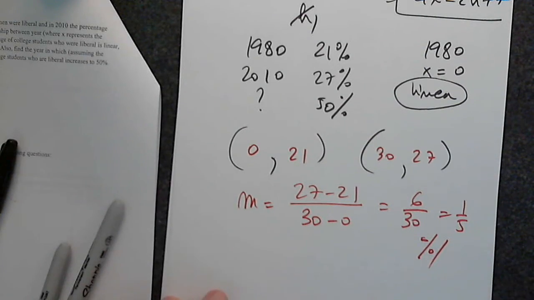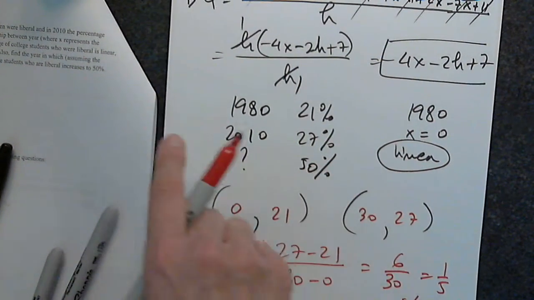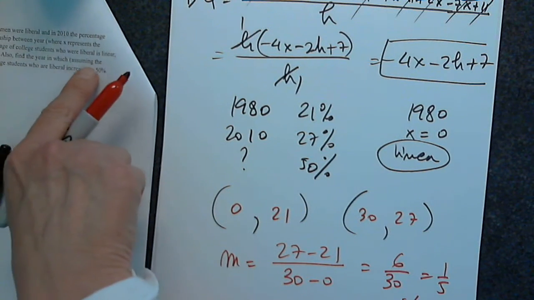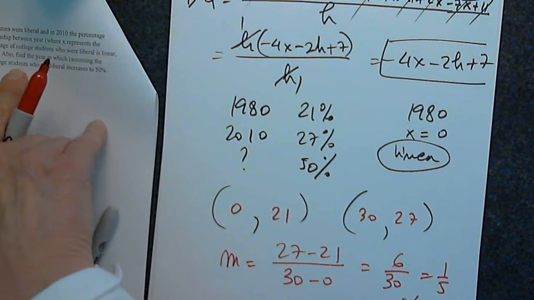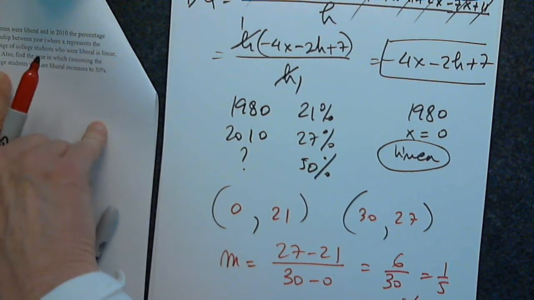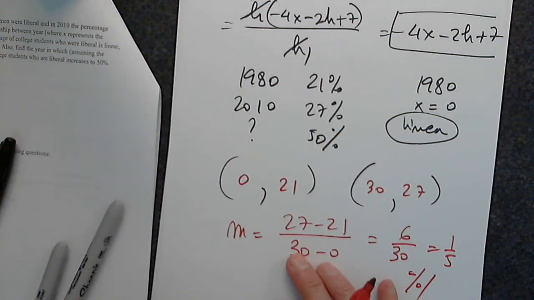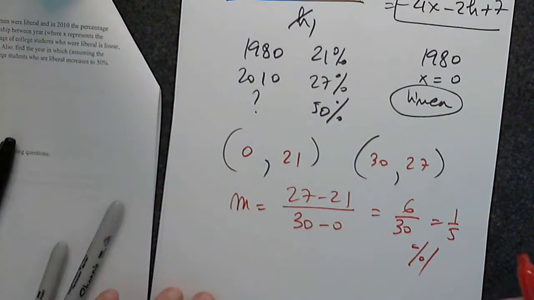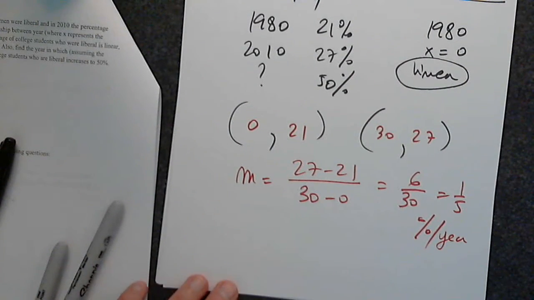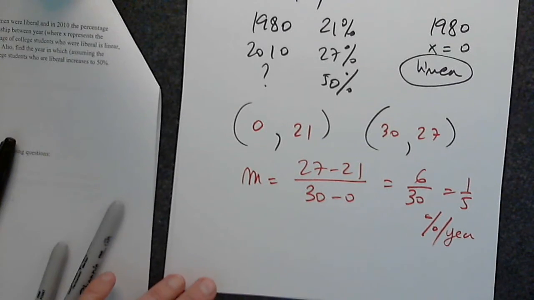So percent of college students who are liberal increases per year, because x is the number of years. Percent per year. Good. So I have that.